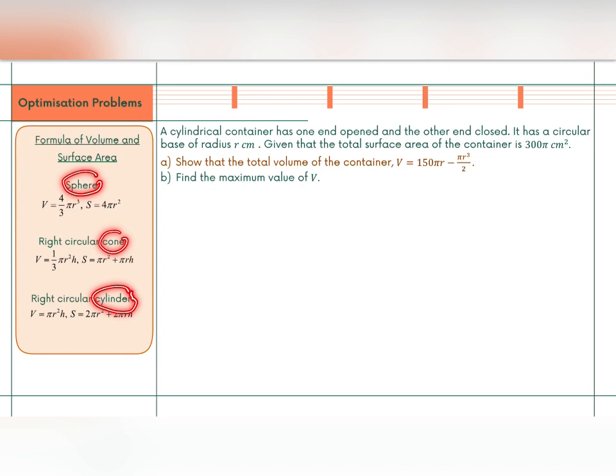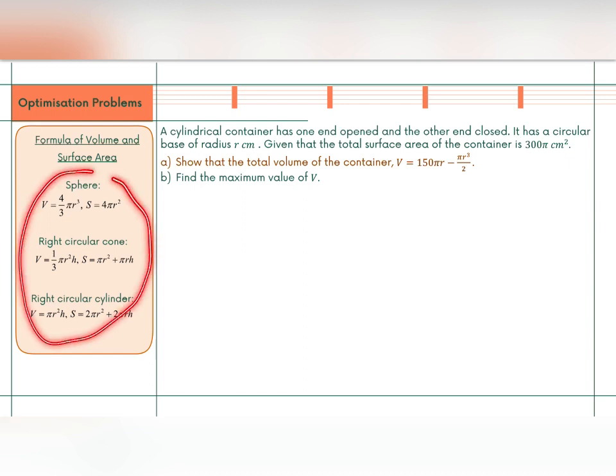So, dalam exam, dia akan bagi formula untuk volume dan juga surface area. Sebab ini selalunya yang akan keluar exam lah. Kalau formula tu out of this yang dia listkan ni, so selalunya dia akan bagi formula tu dekat dalam soalan. So nanti kita tengok sahajalah macam mana.